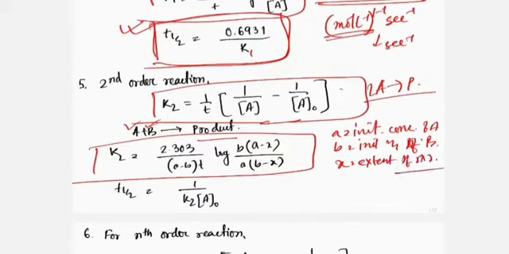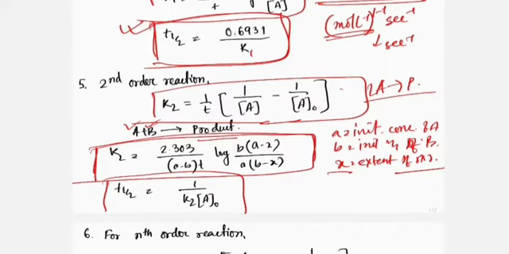So how much reaction has been processed, how much reactant has been converted to product, and that is X, right? So this becomes 2.303 by A minus B into T log B into A minus X by A into B minus X. Now T half, that is half life for second order reaction, is 1 by K2 into A0.